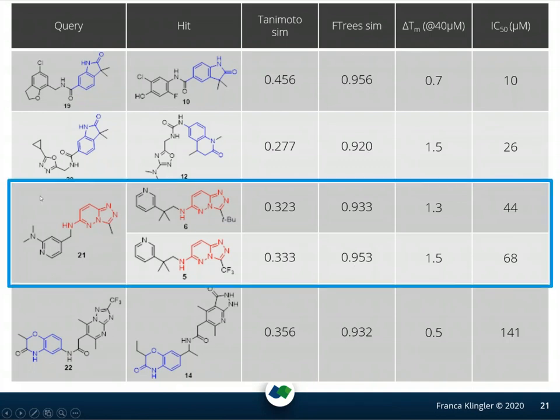I want to particularly highlight here those query and hit pairs, because they're really surprisingly similar. Instead of the methyl group, I have a tert-butyl / a 3-fluoro methyl group here, and the linker is a little bit different, and the nitrogen in the ring is shifted by 1 position.